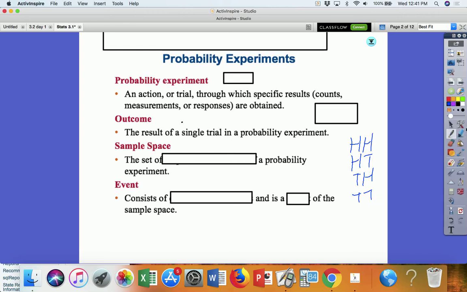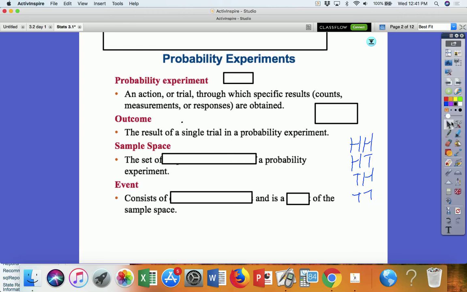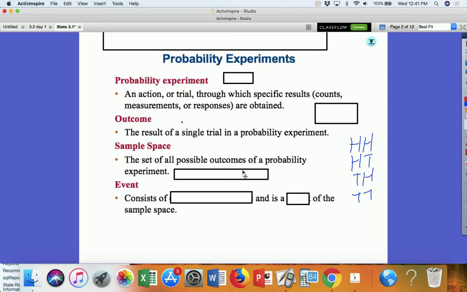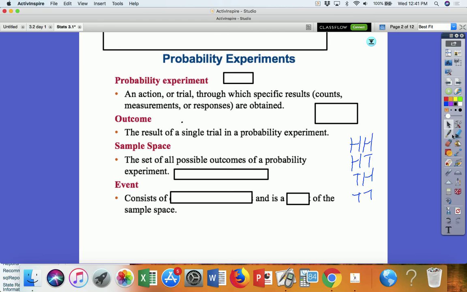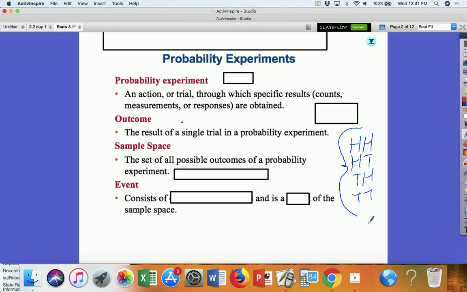Okay, the sample space is the set of all possible outcomes of the experiment. So this would be our sample space from flipping the coin twice, right? Now I'm going to maybe get ahead here a little bit.